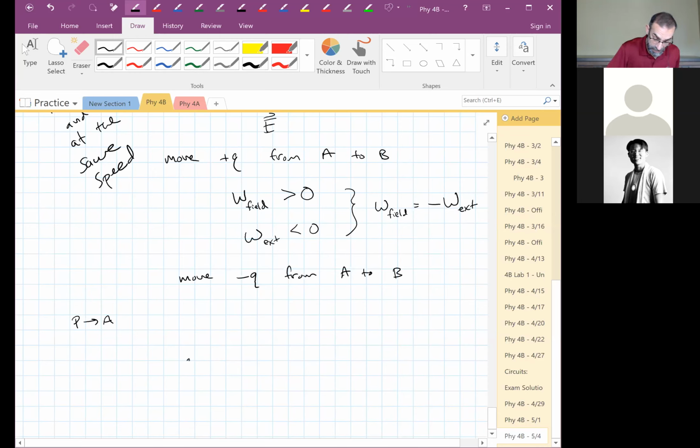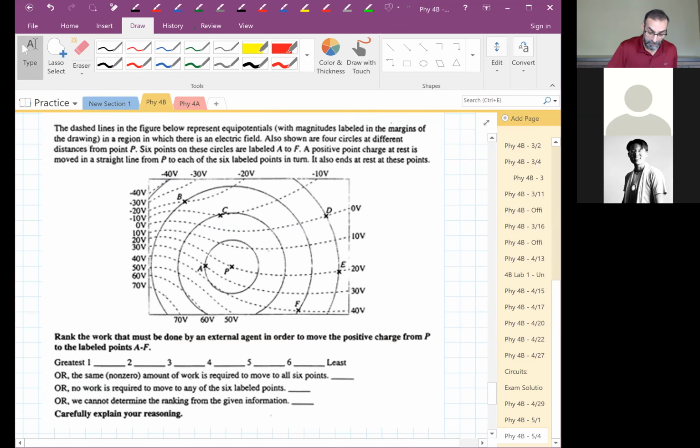So if point A is over here and point P is over here, our electric field points from A to P, roughly. How do we know? Because A is at higher potential.